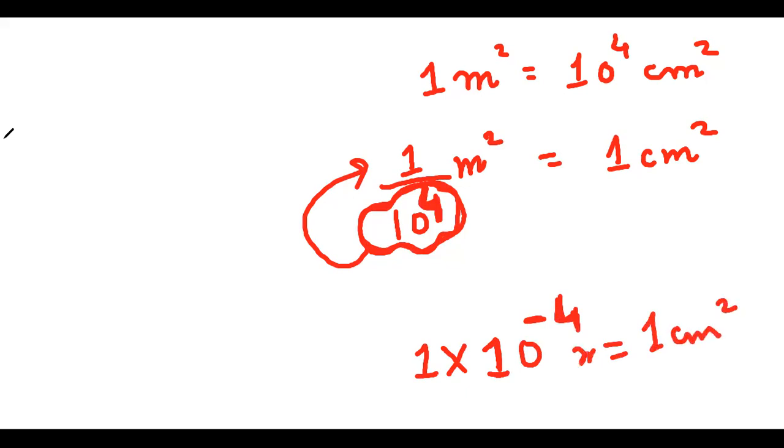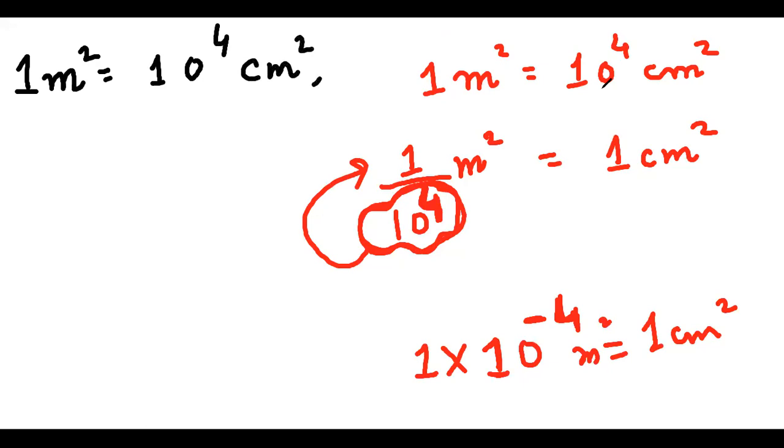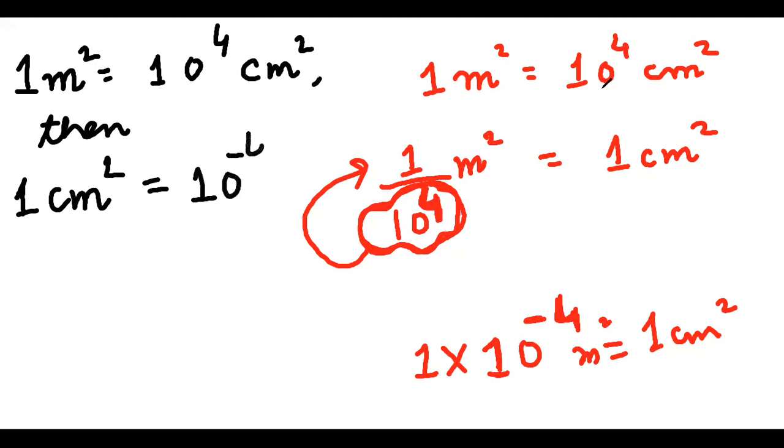So children, we can conclude from here that if 1 meter square is equal to 10 raised to power 4 centimeter square, then there is one more relation which can be written as 1 centimeter square is equal to 10 raised to power minus 4 meter square.